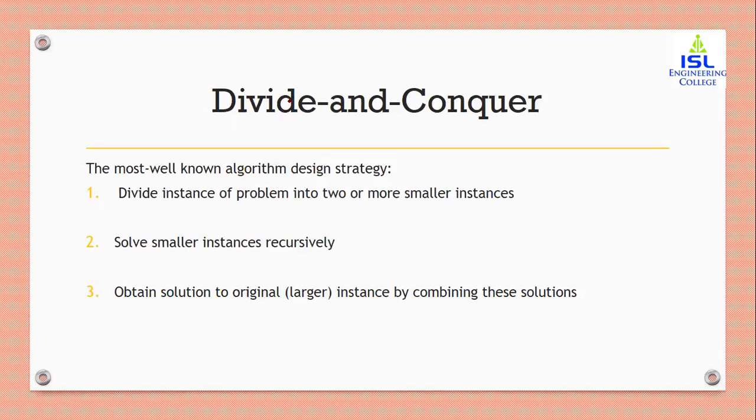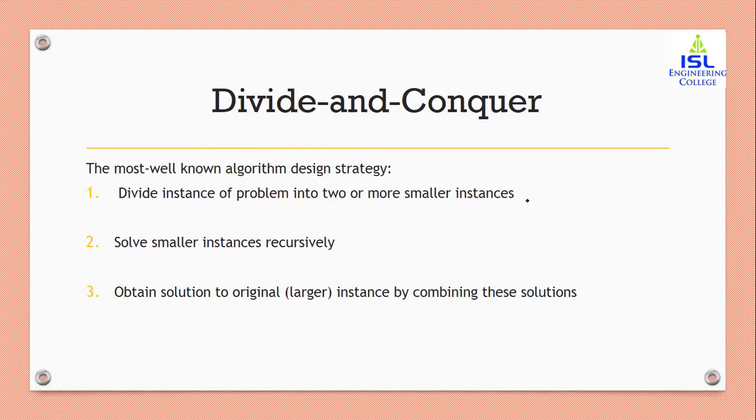So first, what is the divide and conquer strategy? It is the most well-known algorithm design strategy, and it is very famous in algorithms. When you study the subject algorithms in the later years, you will study this strategy. What is divide and conquer? We divide the problem into two or more smaller instances.